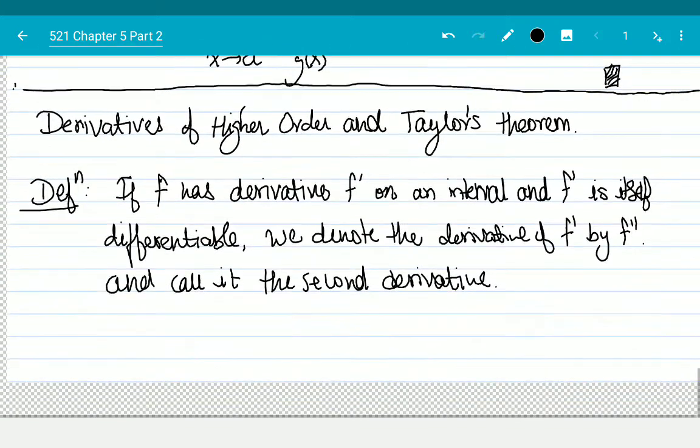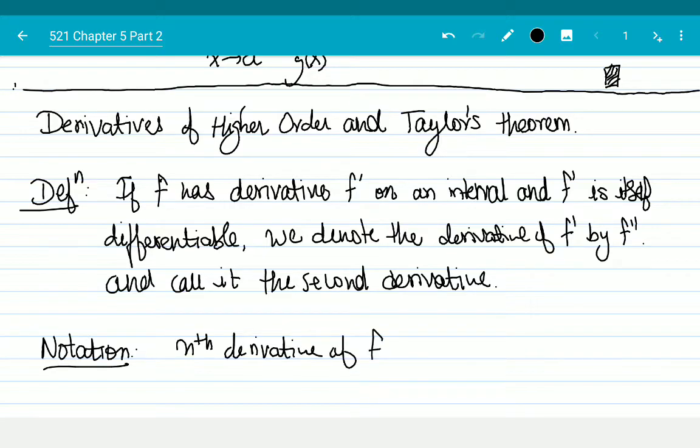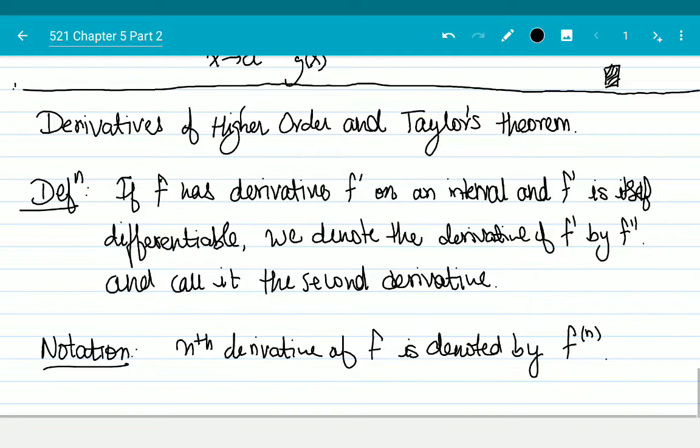Notation, nth derivative notation. The nth derivative of f is denoted by f bracket n of x.